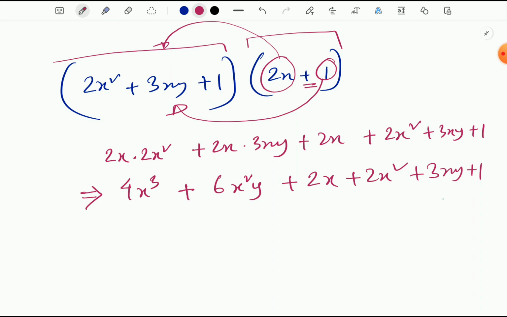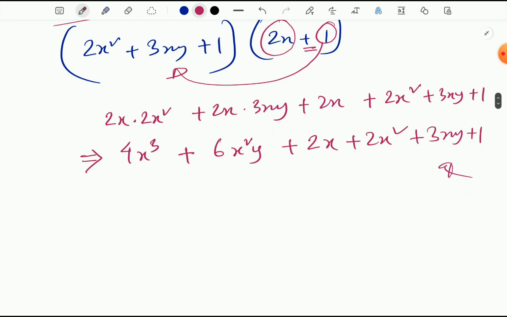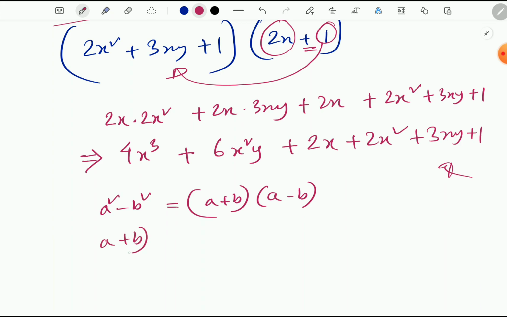Okay, yes. So remember, in the real exam you have to use several formulas. For example, the a squared minus b squared formula: a squared minus b squared equals a plus b into a minus b. And the a plus b whole squared formula: a squared plus 2ab plus b squared. I can write this way, a plus or minus b, then I can just put a minus here, you will understand.